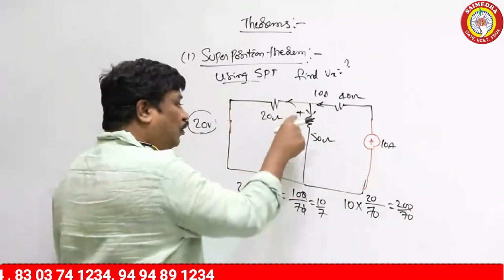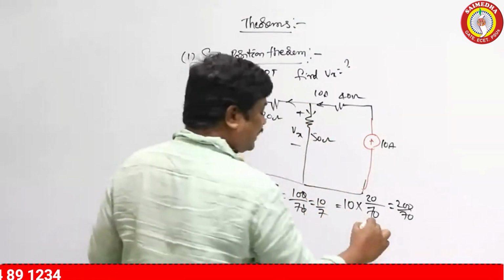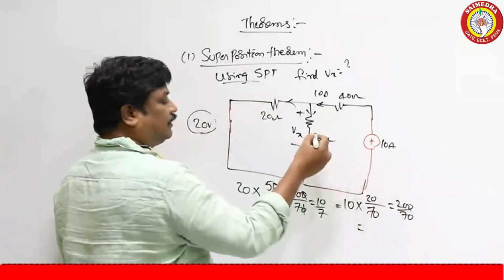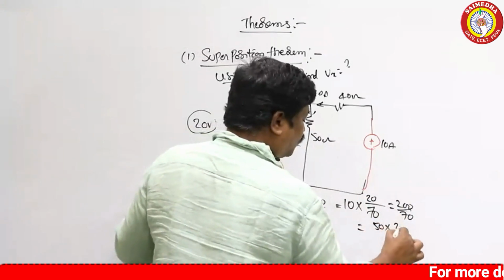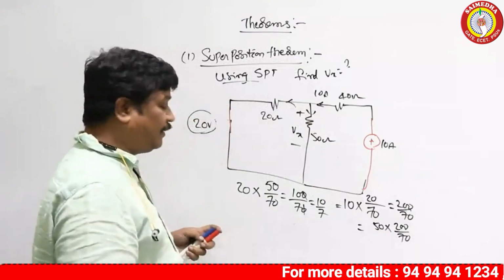But what do you want? We want the voltage. This is the current only, the current due to this one. How can you get that voltage? Current into resistance. So 50 into 200 divided by 70, which is 10,000 divided by 70.